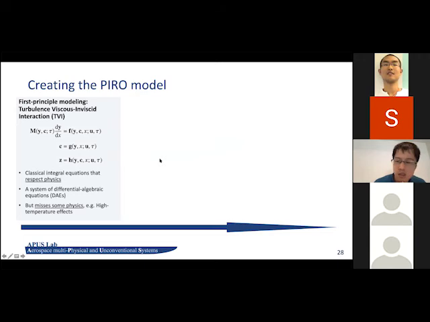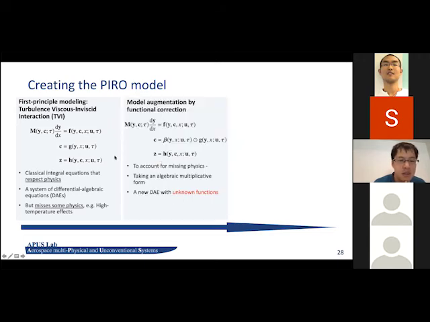But the thing we are getting at is that we then introduce some corrections into the auxiliary variable equations.